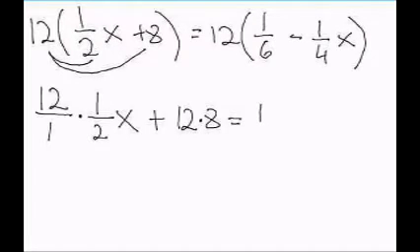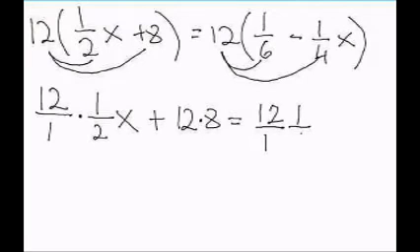And here again I'm going to write 12 as 12 over 1, because as I distribute the 12 through this difference, this becomes 12 times the first term, which is 1/6, minus 12 over 1 times 1/4 x.